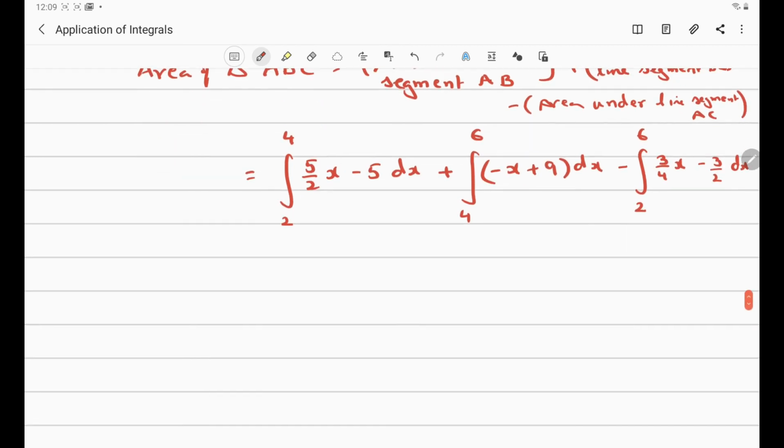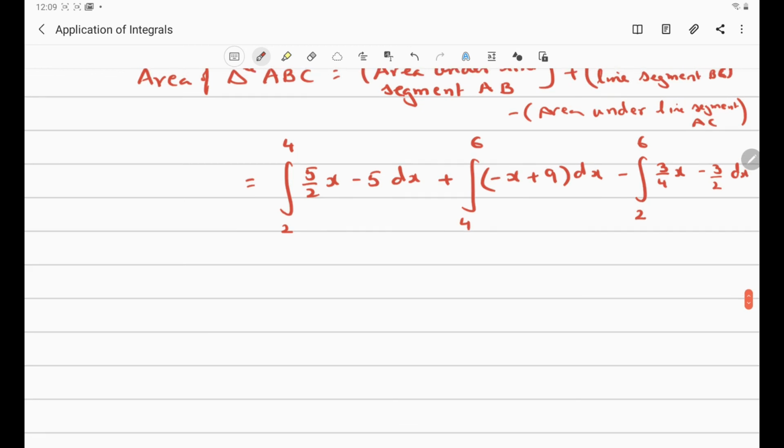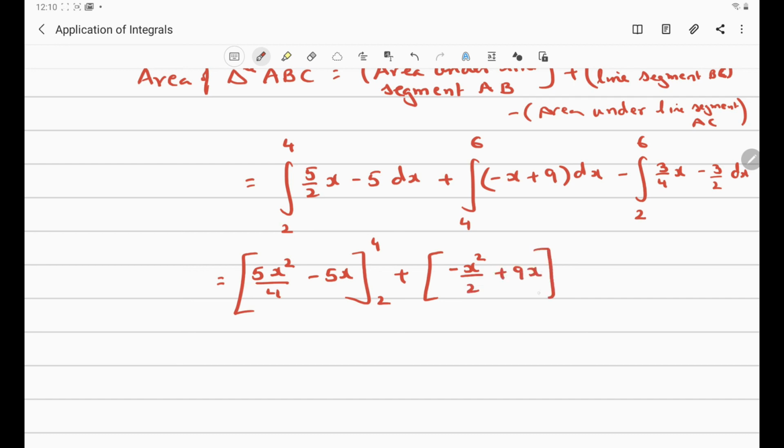So let us try to evaluate the integrals, which is equal to 5/2 times x squared by 2, that is 5x²/4 - 5x. We substitute the upper limit and lower limit as 4 and 2, plus the integral of the next is -x²/2 + 9x.